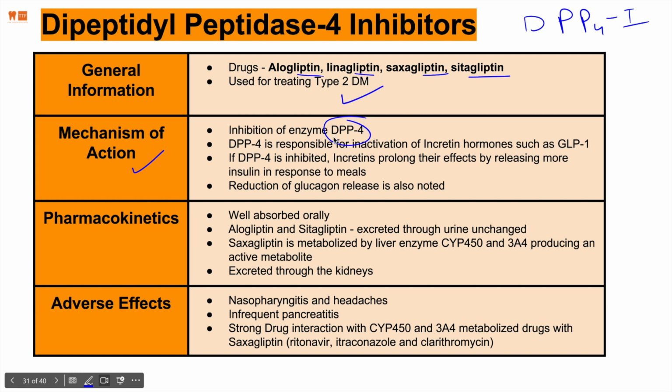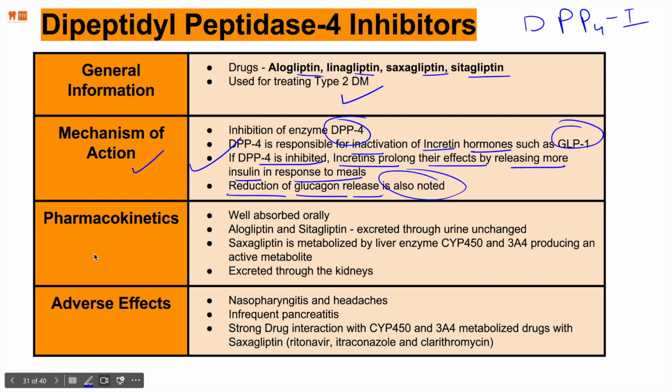DPP4 is normally responsible for inactivation of incretin hormones, such as glucagon-like peptide 1. If DPP4 is inhibited, then incretins prolong their effects by releasing more insulin in response to meals. So we talked about this enzyme earlier. And of course, reduction of glucagon release is noted as well. So essentially, less glucose in the bloodstream.